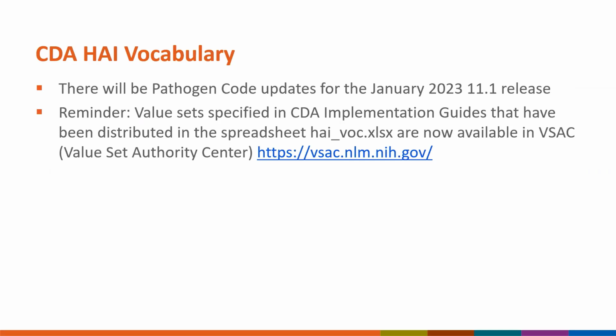And to remind everyone that value sets specified in CDA implementation guides that have been distributed in the spreadsheet HAI_VOC.XLSX are now available in VSAC, which is the Value Set Authority Center. And we have provided a link to that website. Amy, next slide.